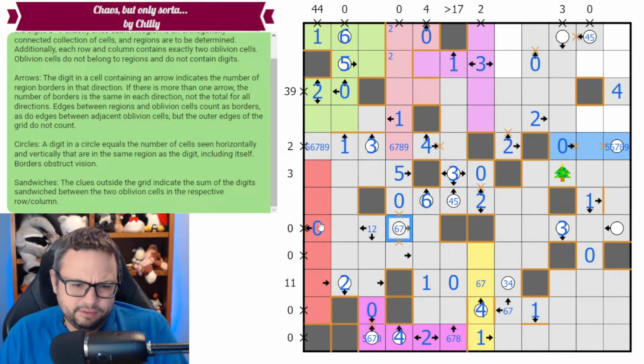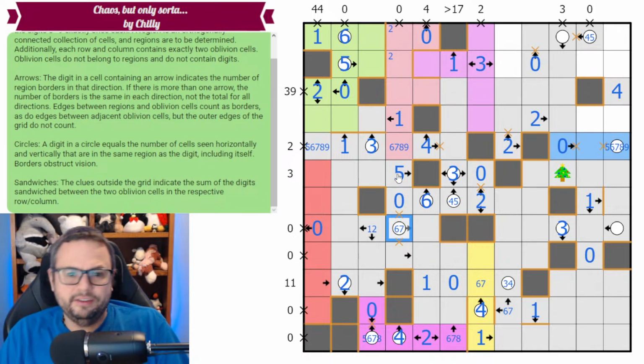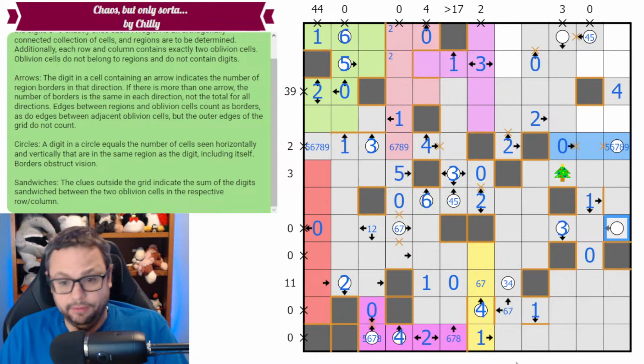Because it's certainly not red in that universe, because it sees 6 or 7 cells and it can only see one cell of red. So red could never, ever, ever be this. So this is 6 or 7, which means this number is even bigger than the 6 or 7. This number is 7, 8, or 9.